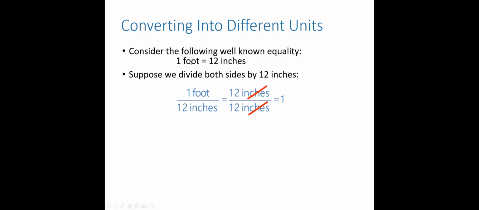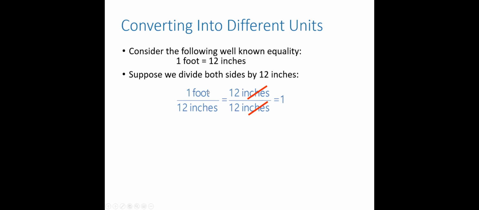So on this side we have 1 foot divided by 12 inches. On this side I have 12 inches over 12 inches. The 12s would cancel. Inches work just like x or y in algebra. They would cancel as well. So 12 inches over 12 inches would just be the number 1.